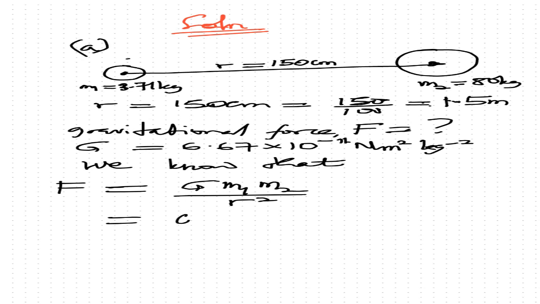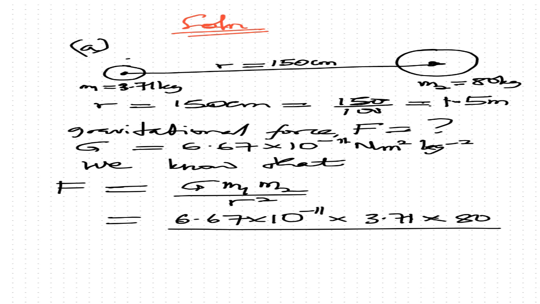So we just substitute our values. Simple. And our M1 is 3.71. Our M2 is 80. And our R is 1.5 squared.